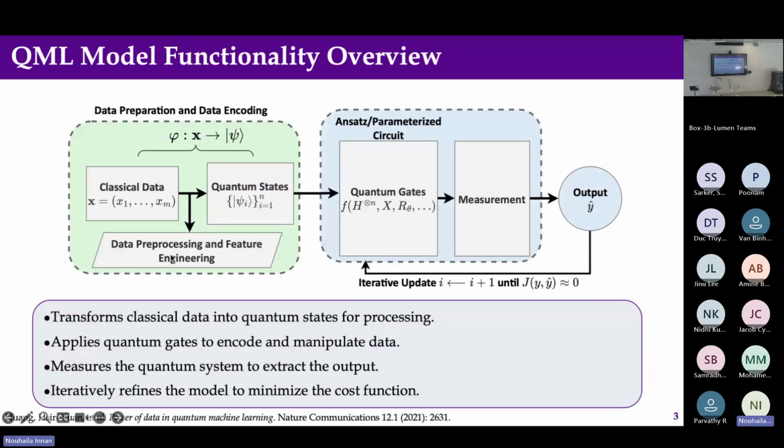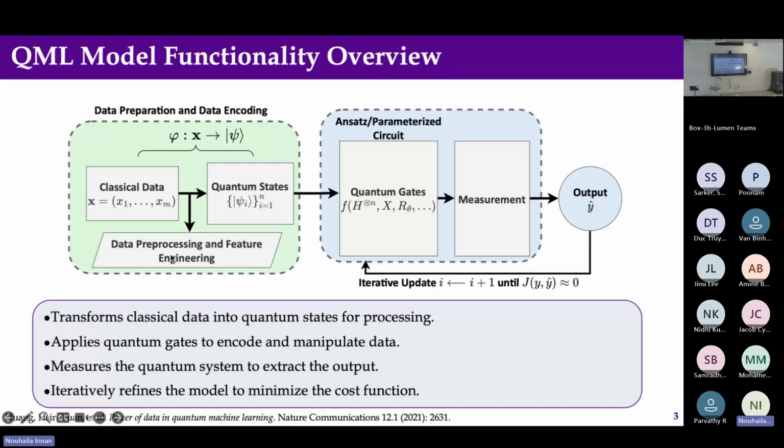Of course, there is a huge part coming from the classical side. We have a data set, we do the pre-processing and feature engineering. Once we have the features and the labels ready, we pass them to the first step, which is data encoding. We convert this data from the classical form to a quantum form, a quantum state, and this is also done using a quantum circuit.